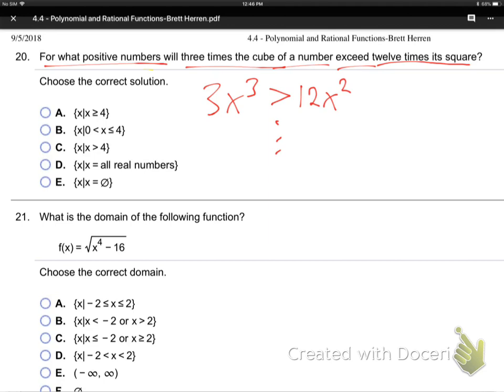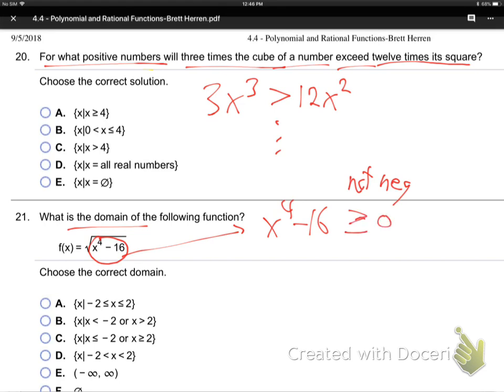Good? Number 21, domain. What did we learn about domain? Why are they asking domain all of a sudden? Two trouble areas. Denominators can't be 0. And the inside of a square root must be not negative, meaning greater than or equal to 0. Remember that?